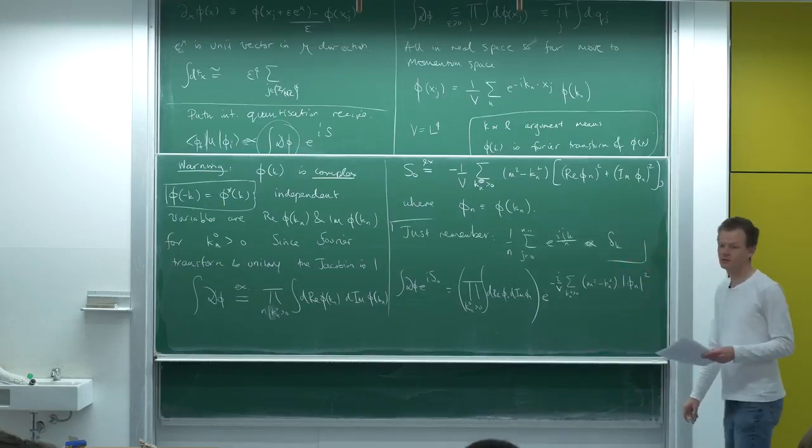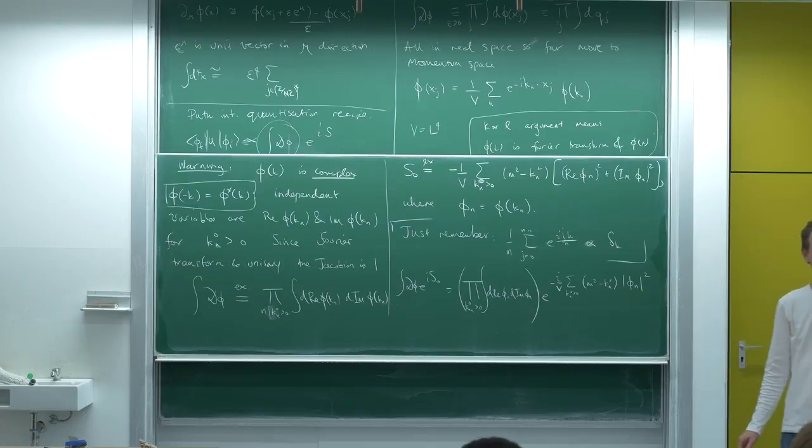There it is. That's our path integral for the Klein-Gordon field on the lattice.